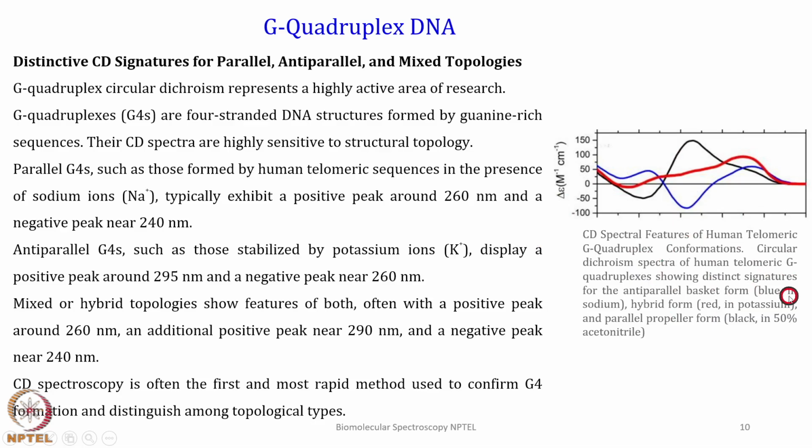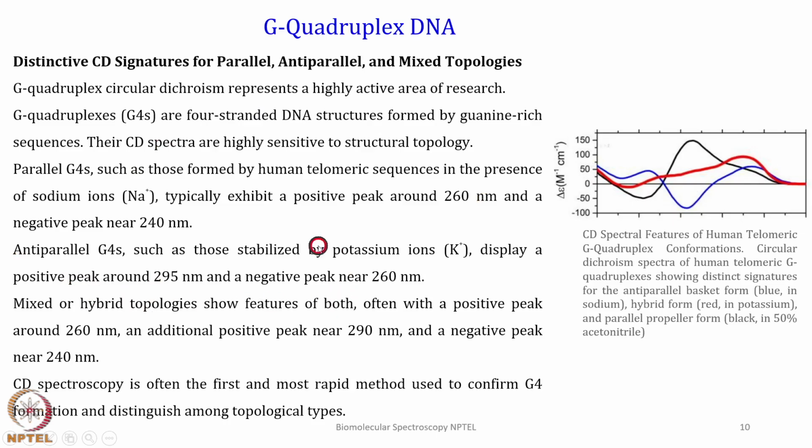CD shows that human telomere G-quadruplex has a distinct signature for the anti-parallel, right, this one, and a hybrid form is red, and then you have a black one which is the parallel propeller here in acetonitrile. So, these kinds of quadruplex structures you can find out.